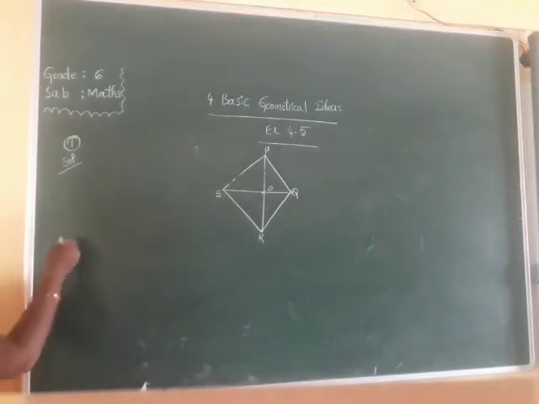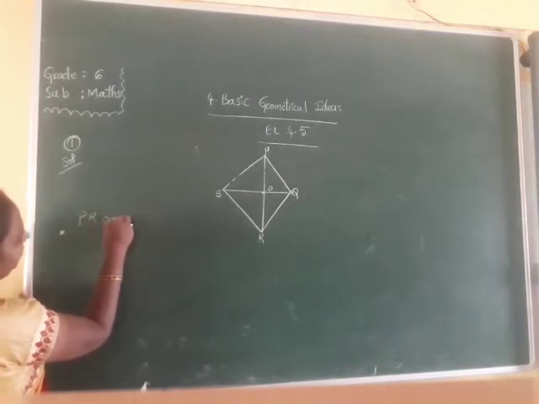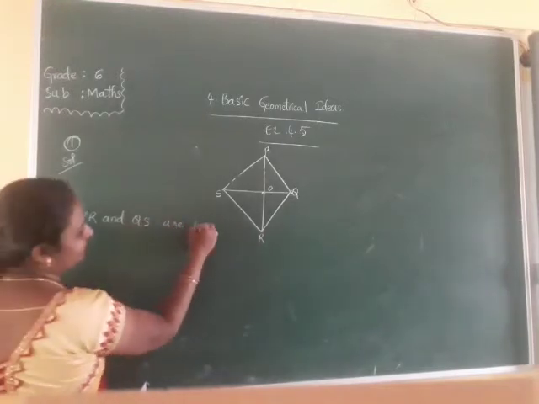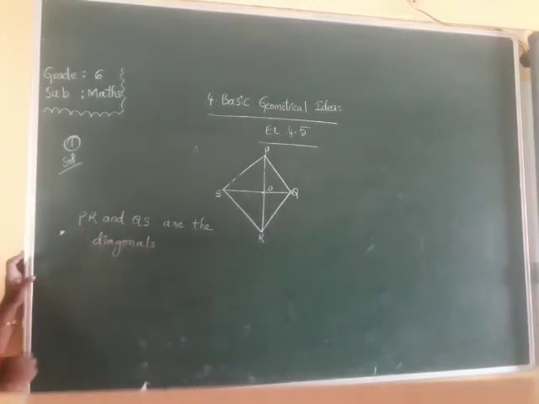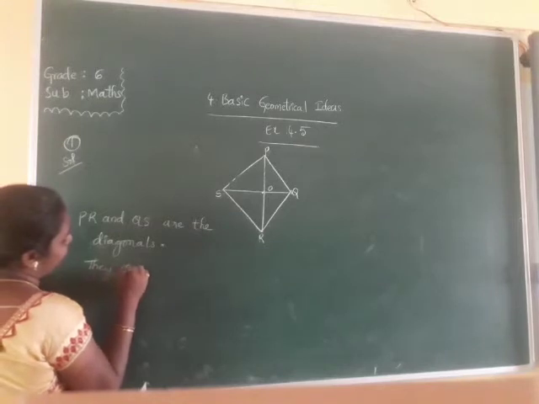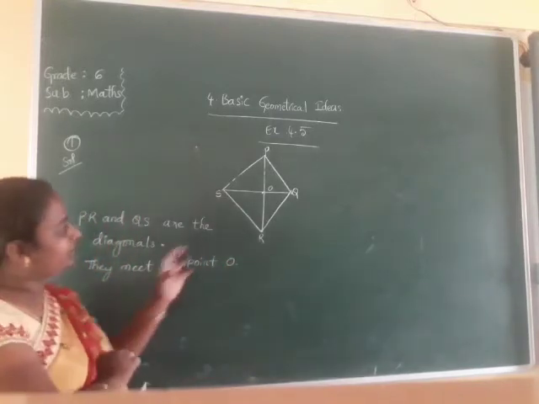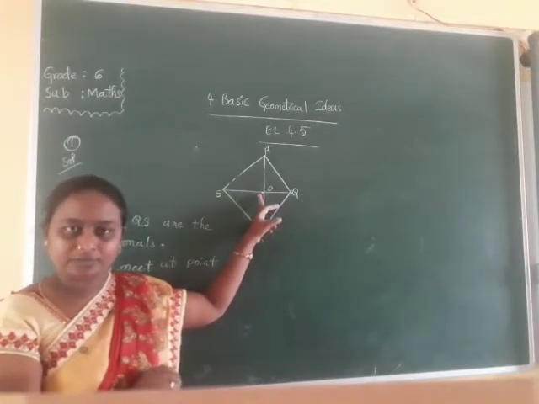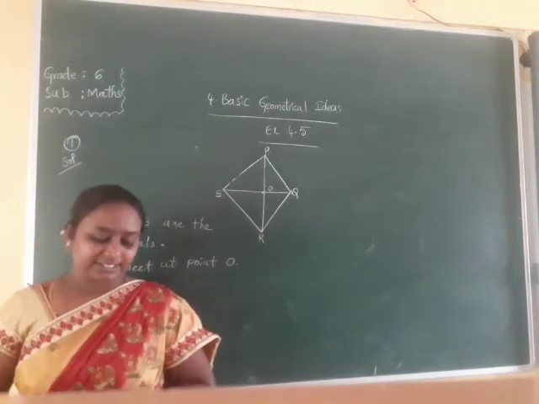Now write. PR and QS are the diagonals. They meet at point O. Now, is the meeting point of the diagonals in the interior or exterior of the quadrilateral?